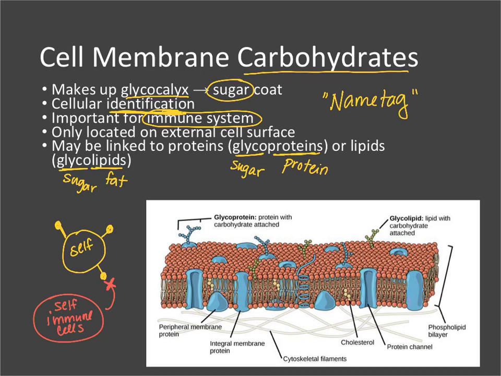Now, if you have a different glycocalyx, let's say we've got a bacterium here, and this bacterium has a glycocalyx that looks different. So it's made up of different glycoproteins and glycolipids. And this is something that your immune cell will identify that it should attack. And in doing so, that's how our immune system knows to attack and kill off the kind of the bad stuff, like the pathogens, but not attack the cells that are supposed to be there.